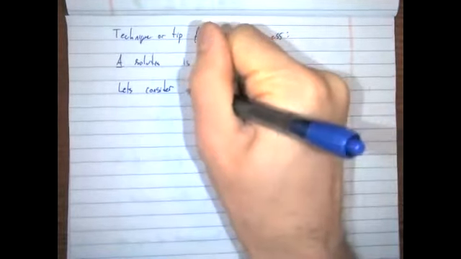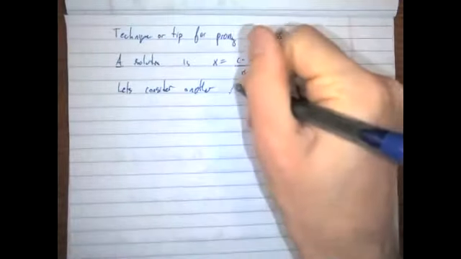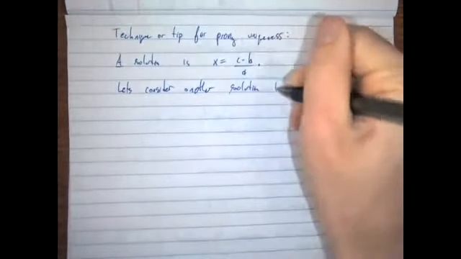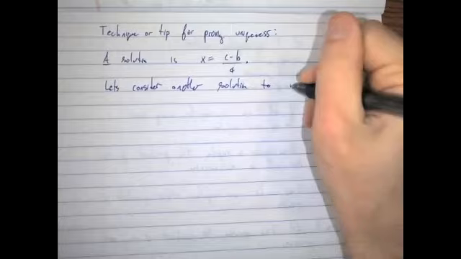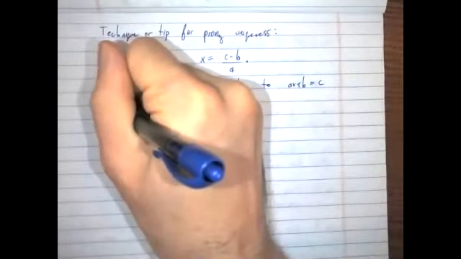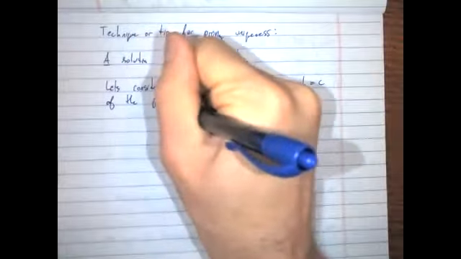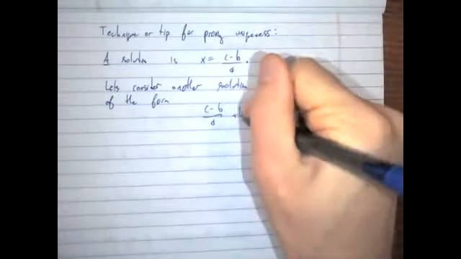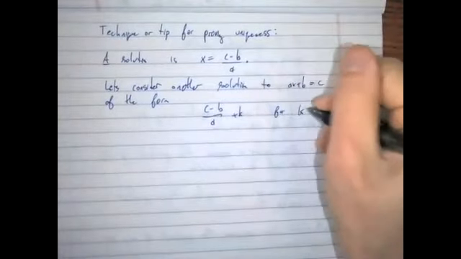So for instance, let's consider another solution to ax plus b is equal to c of the form c minus b over a plus k for k a real number, right?